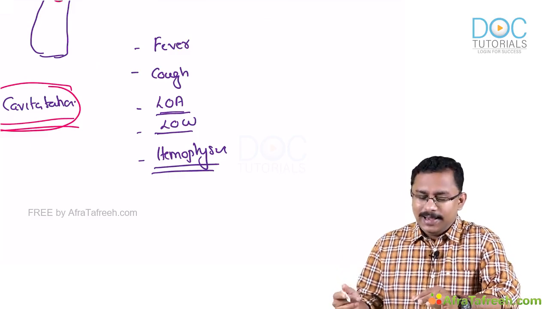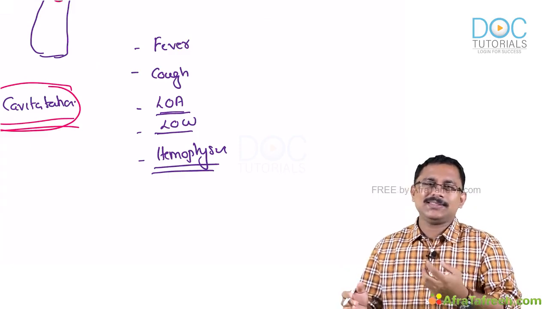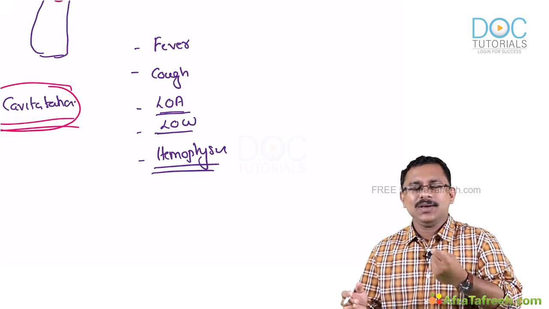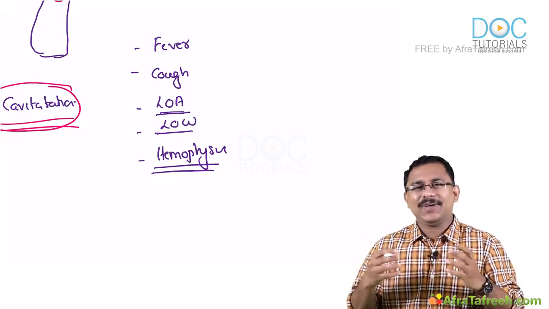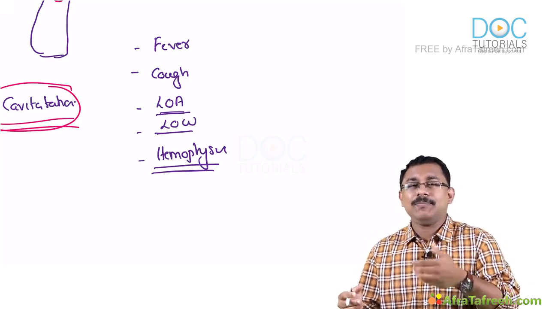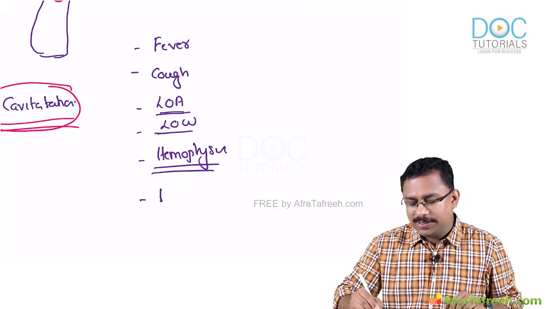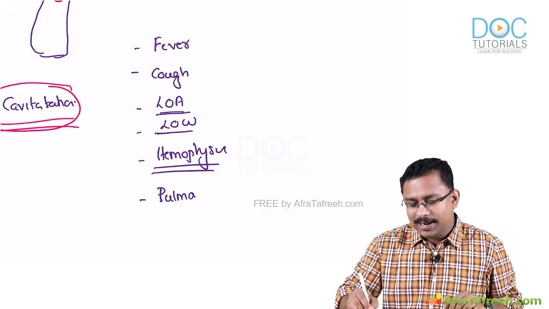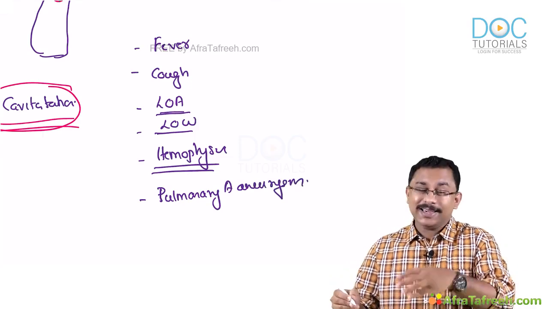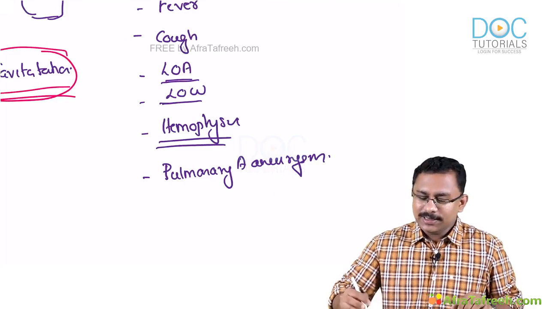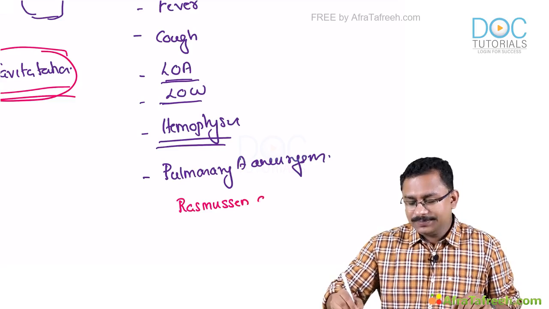Not just the bronchial artery, though the bronchial artery is more likely to be involved as the supporting connective tissue is less. So you can have hemoptysis, but your pulmonary artery may also be involved. When the pulmonary artery is involved, it results in a pseudoaneurysm, and this pulmonary artery aneurysm that develops adjacent to a cavity of a secondary tuberculosis is what you call the Rasmussen aneurysm.